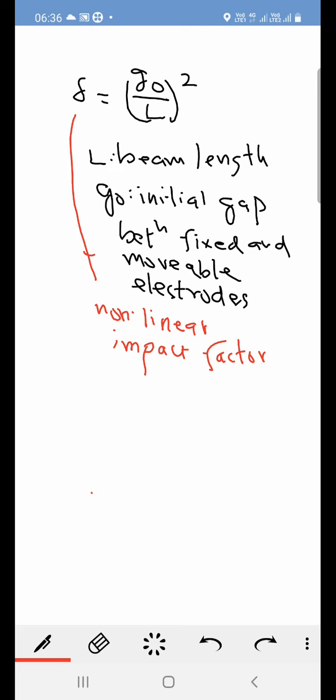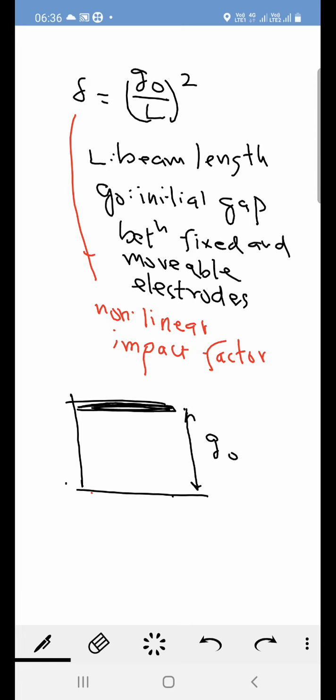If this is the cantilever, and this is the clamp region, this is the fixed region. This is the movable part. There is a fixed part. So this distance is G0, and this is the beam length. So this is L.